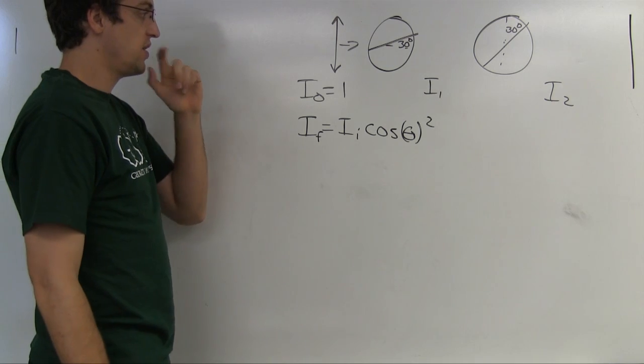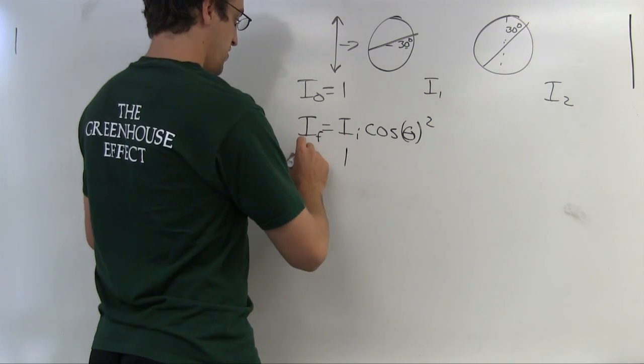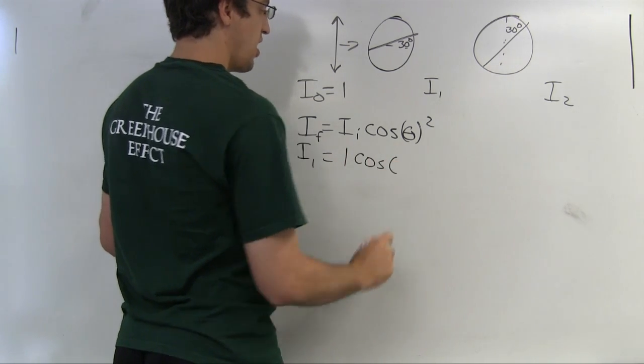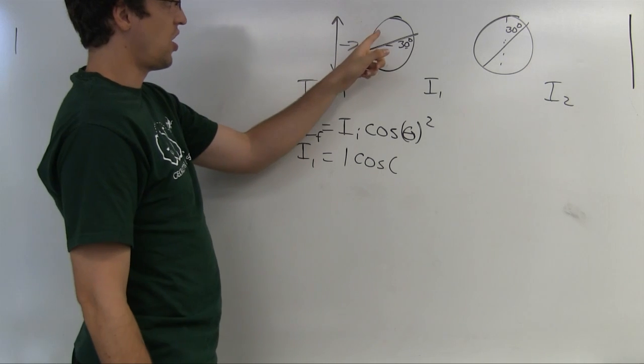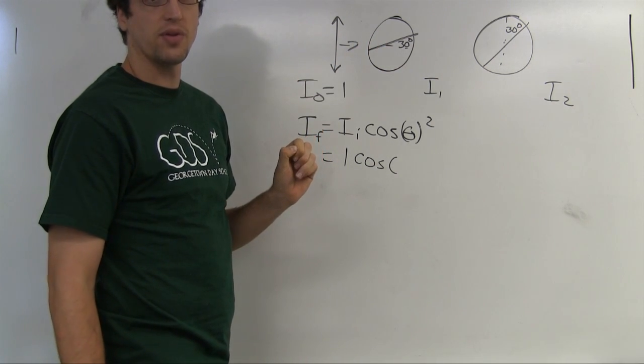Now in this case, I initial is I naught, so that's 1. I final is I1, and it's times cosine of theta squared. We've got to find out what that theta is. Looking at this, we measured it from the horizontal instead of from the vertical.